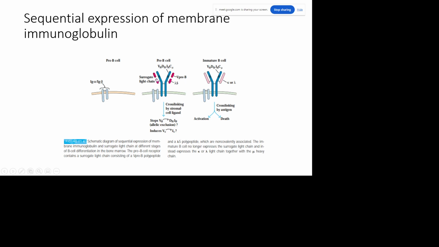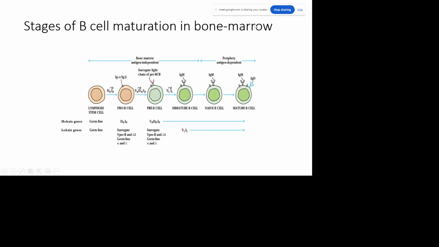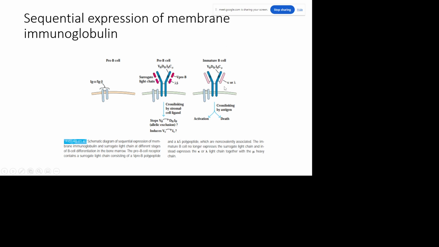So now the light chain gene will be rearranged to make this VLJ rearrangement to get an immature B cell, which along with the heavy chain can have a mature light chain, which is either kappa or lambda, along with the Ig alpha Ig beta heterodimer, right?